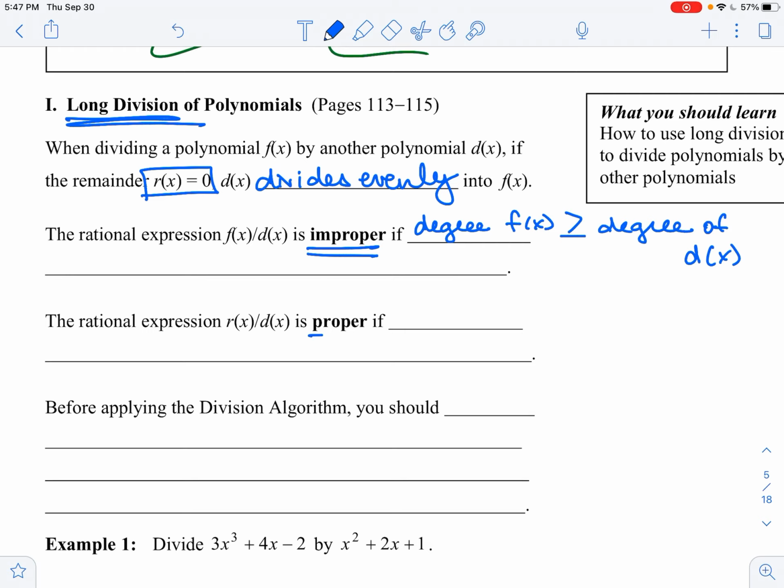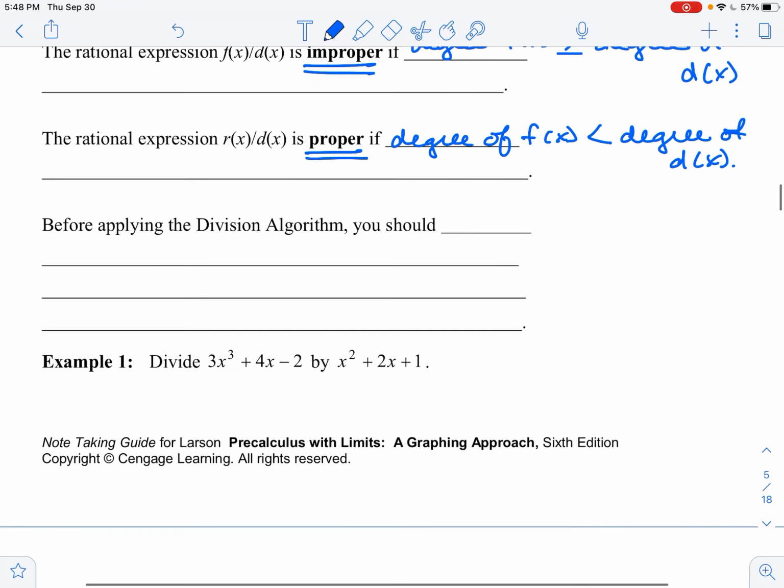And the rational expression is proper if the degree of f of x is less than the degree of d of x. We'll look at what that means in just a minute.